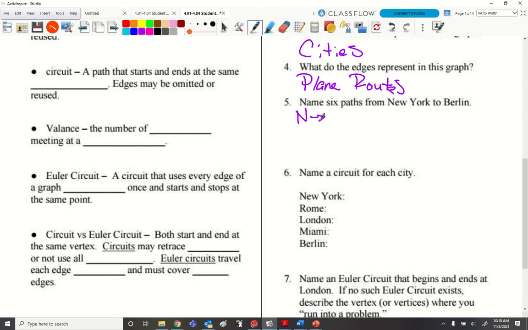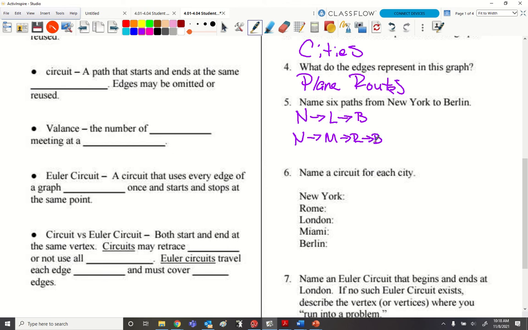London. Okay, so London. And now? Berlin. Hey, look, that's an easy one. So now I'm going to name another route that starts in New York but ends up in Berlin. What you got? New York to Miami. Okay, so New York, Miami, Rome, and Berlin. Very good. Good job.